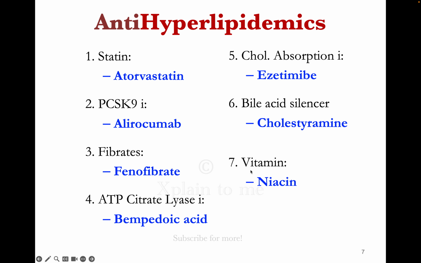Then the last class, vitamins. Vitamins, the older drug. This used to be prescribed, because this is a vitamin, right? So you need to prescribe really milligrams, high dose to regulate cholesterol. The problem here is, if you really weigh all the adverse effects, because you are adding tons of vitamin into the body, that is so dangerous for your body.